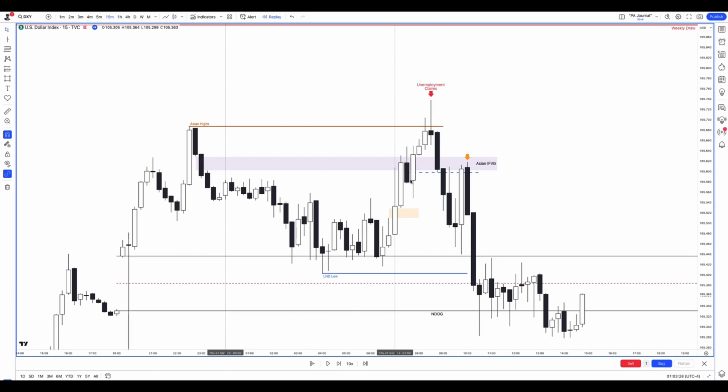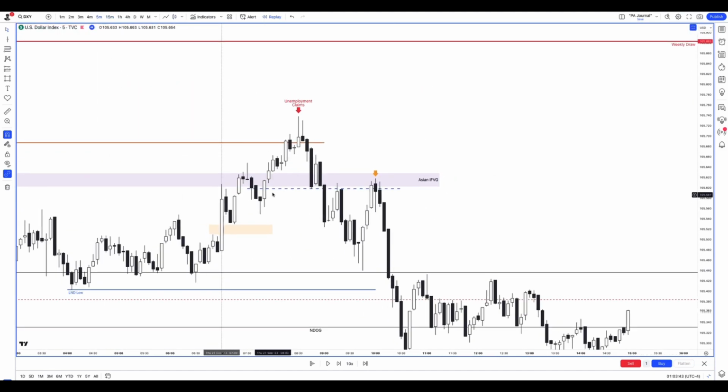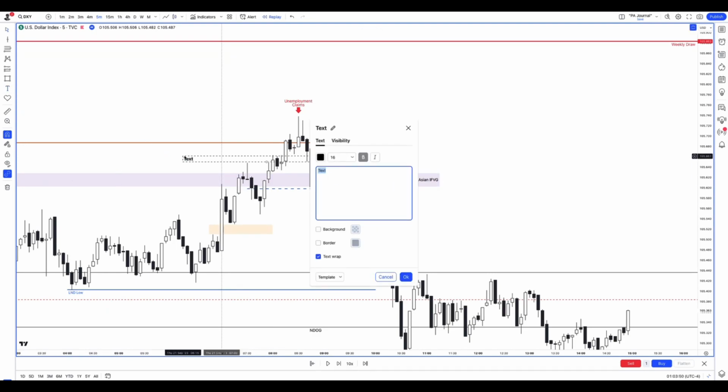So I took that opportunity to frame a trade on this order block, with inversion fair value gap, and also another fair value gap here. So I had three PD arrays I was looking at, and they were all nested.